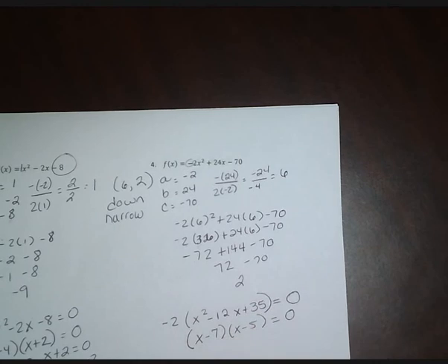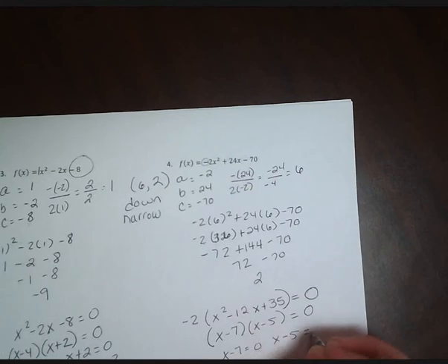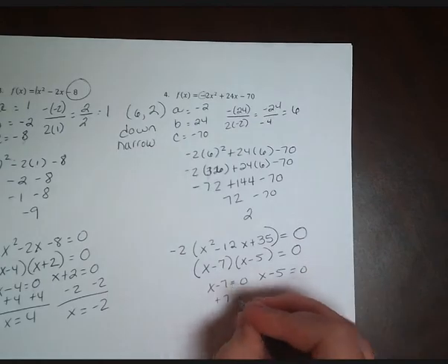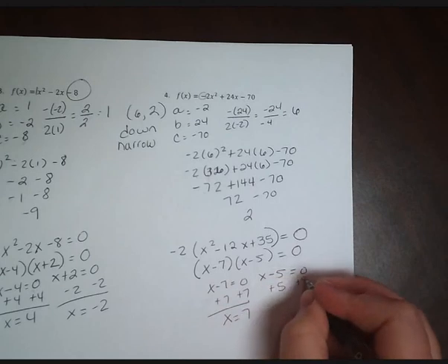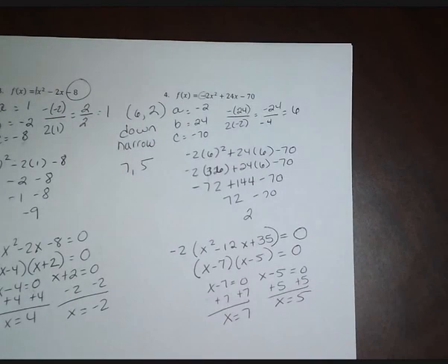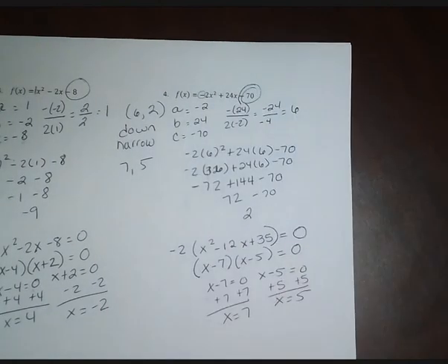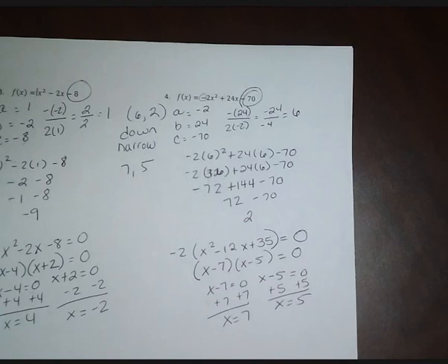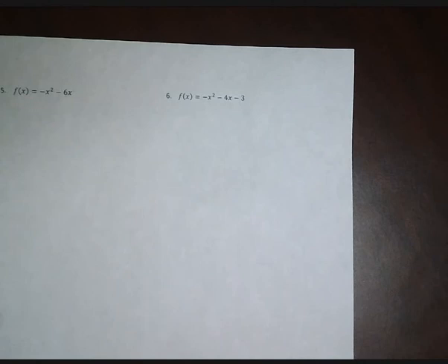And then you will get a positive 7 and a positive 5 when you solve. So 7 and 5. So we're not going to be able to graph this one just because the numbers are so big. Look at that C value. So that one is not graphable just with the conditions we have right here. However, I still wanted you to have that practice of finding the vertex and such.